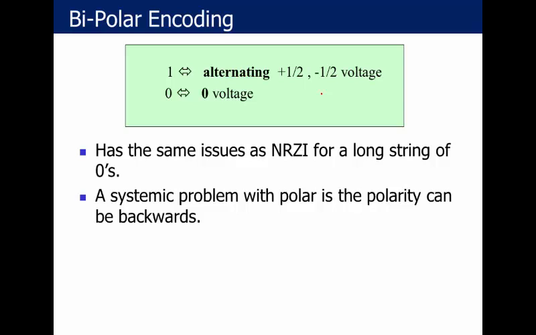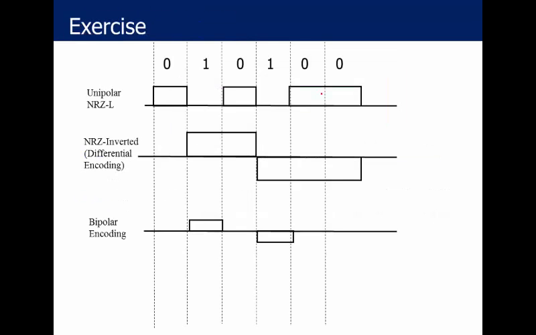Okay, so here's the issue. For example, this is the code 010100. So recall NRZL. If it is 0, then high voltage, 1 low voltage, high voltage, low, high, high, right? It's not a problem.